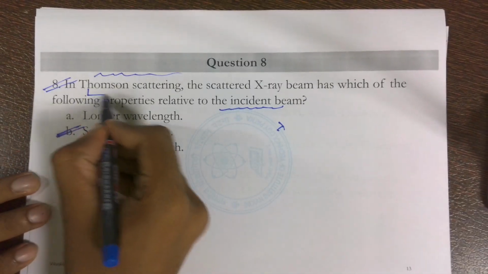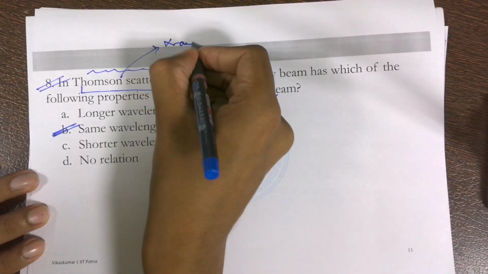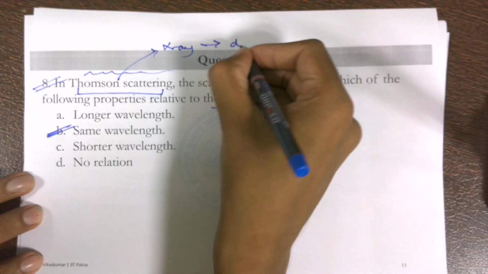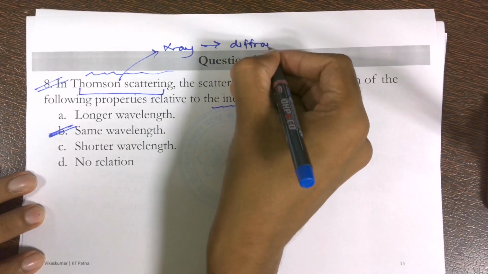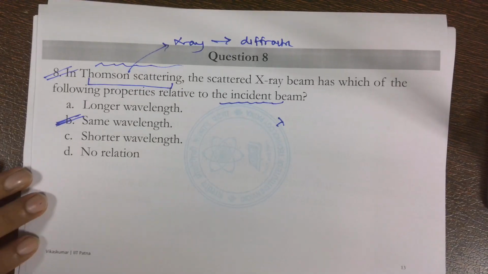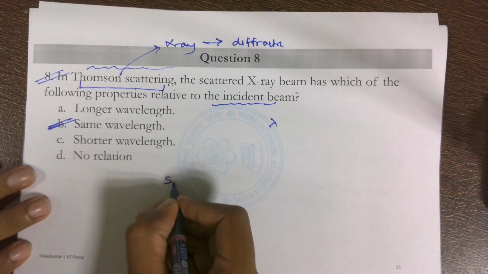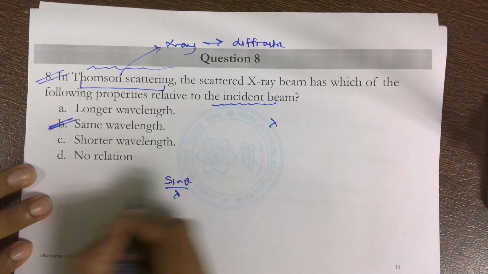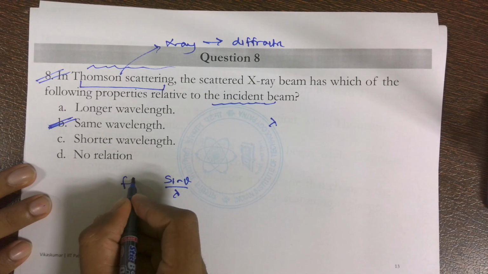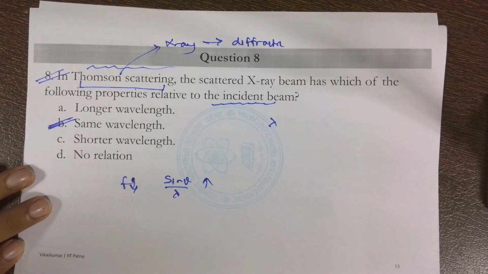So Thomson scattering is what we are going to discuss in the X-ray, where we are talking about the diffraction phenomena. Compton scattering is the one which is going to create the background part. Okay. One more thing I would like to tell you about this Thomson scattering: F is decreasing as sine theta by lambda is increasing, right?